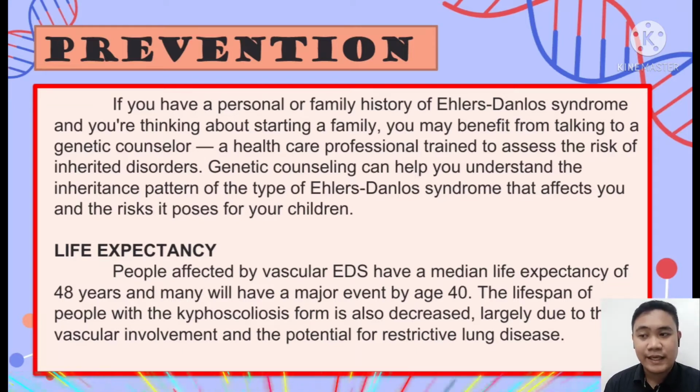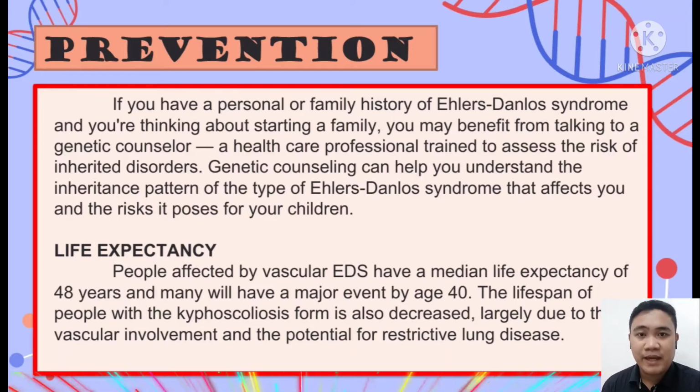Genetic counseling can help you understand the inheritance pattern of the type of Ehlers-Danlos syndrome that affects you and the risk it possesses for your children. This prevention can only be done by a person who wishes to build a family and is from a bloodline carrying a genetic disorder, most especially Ehlers-Danlos syndrome.